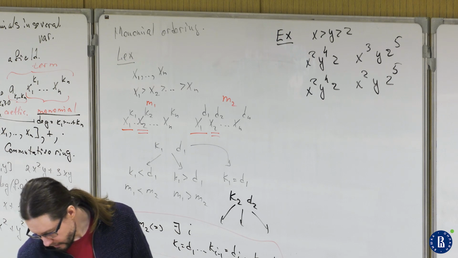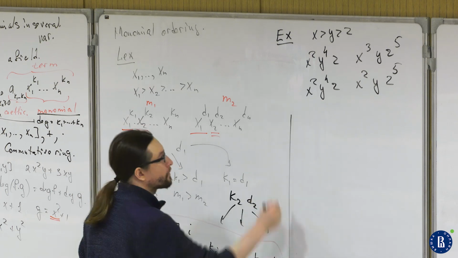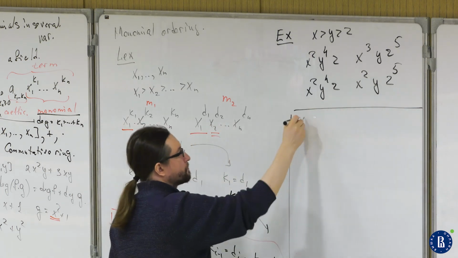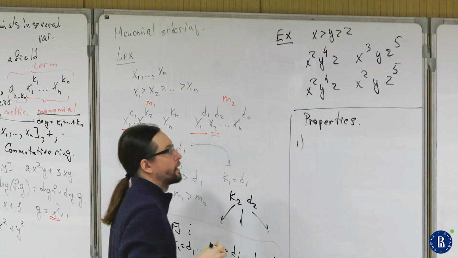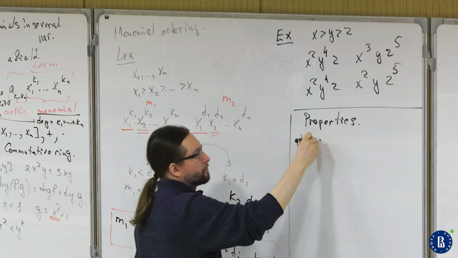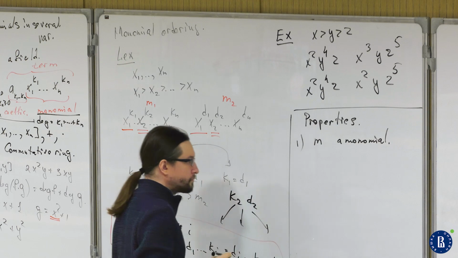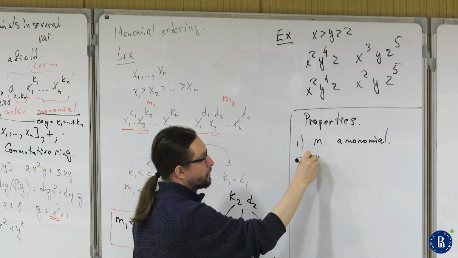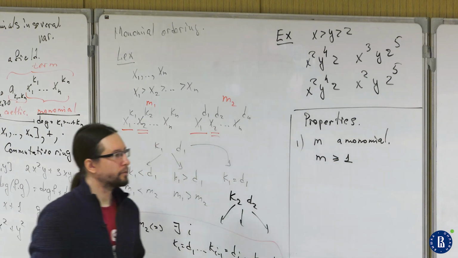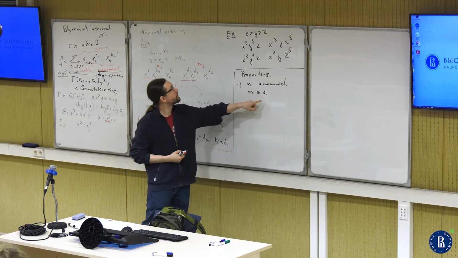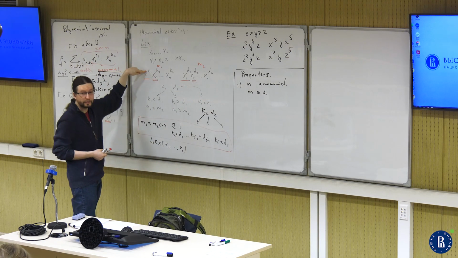Now, what are the basic properties of the lexicographical ordering? There are three basic properties. Property number one: if we have a monomial m, then this monomial is not smaller than 1, where 1 denotes the monomial where all the powers of all the variables are equal to 0.